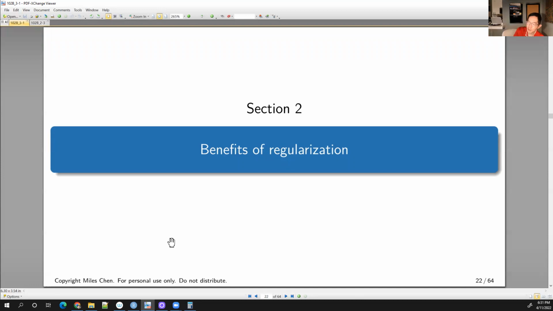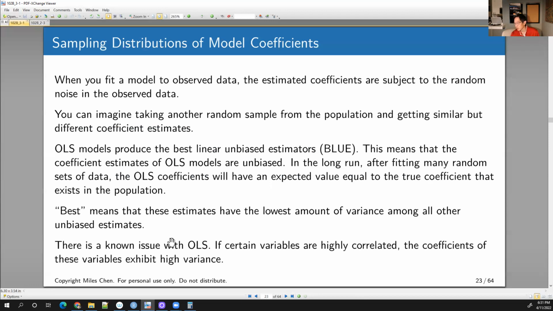Okay, so why even bother with all of this? This is the question of the benefits of regularization. Why shrink down your coefficients for no good reason? Here's the thing. When you fit a model to some observed data, the coefficients that we're estimating are subject to the random noise in the observed data, right?